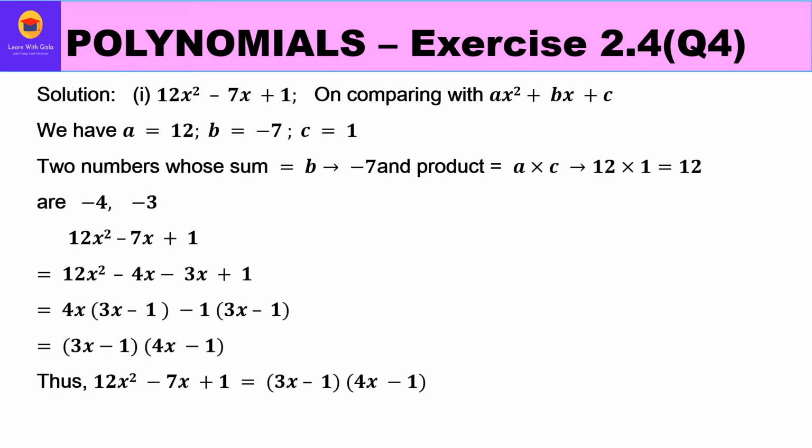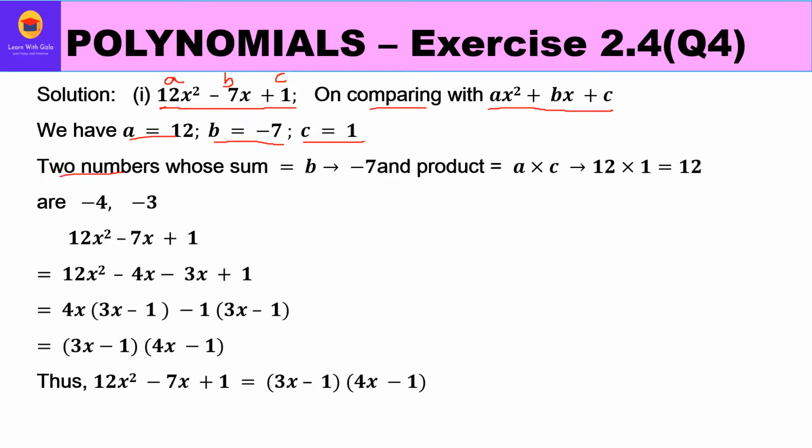Now let's take up the first part where we have to factorize 12x square minus 7x plus 1. Now we need to compare it with the standard form, that is ax square plus bx plus c. Now clearly this is our a, this is our b, and this is our c. So a is equal to 12, b is equal to minus 7, and c is equal to 1.